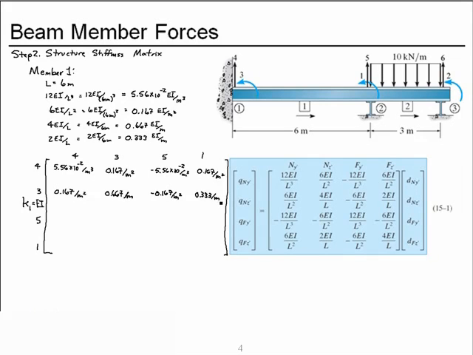0.333 per meter. Then in our next row, minus the 12 EI over L cubed, 10 to the minus 2 over meter cubed, then minus 6 EI over L squared, and 12 EI over L cubed, and minus 6 EI over L squared.